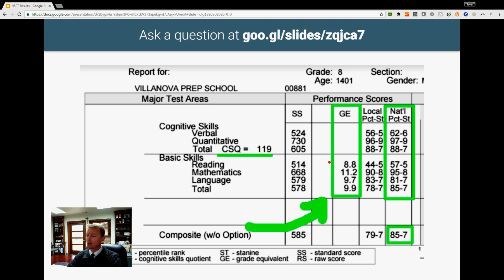Notice we already talked about Charlie and his math strengths. He scored as if an 11th grader in their 2nd month of the school year would have scored on this 8th grade level material. And you think about the math that an 8th grader is doing or should know. Certainly we're talking about basic skills, so that's everything that the student should have learned by the time that they are in 8th grade.